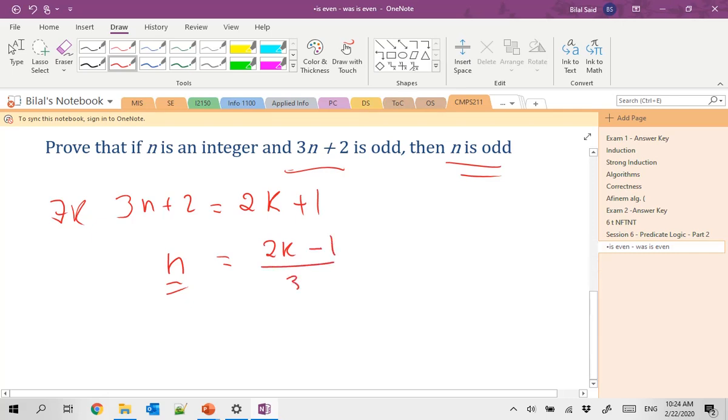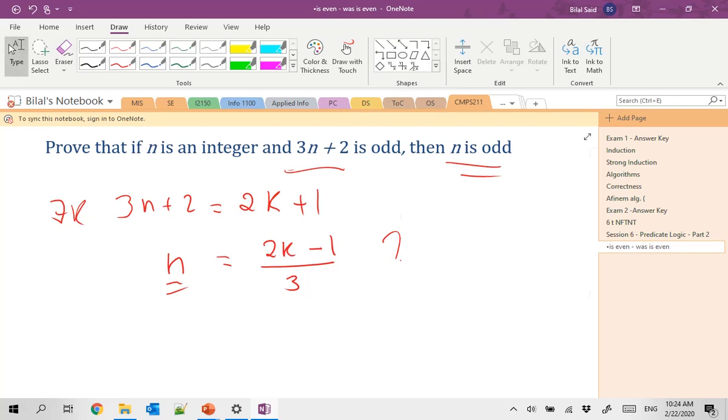You have to proceed by cases, to check all the possible cases where this is divisible by 3 or not, so you cannot really conclude anything about n. You cannot rewrite it in the form of 2 times something plus 1. Do you agree? So a direct proof here is not helpful.